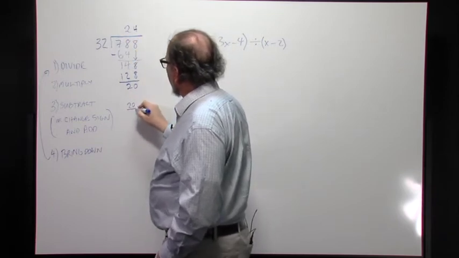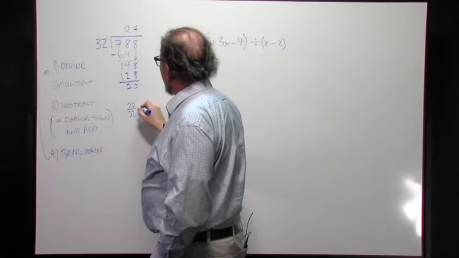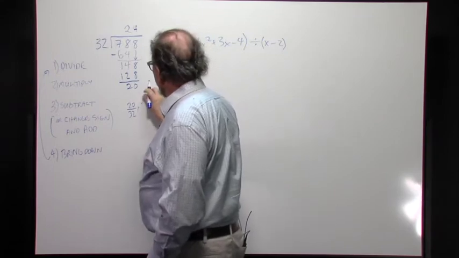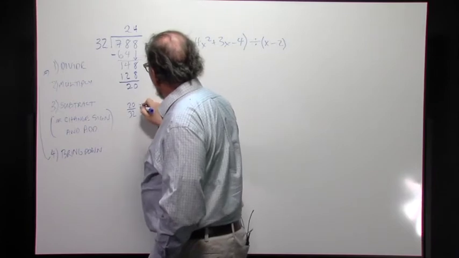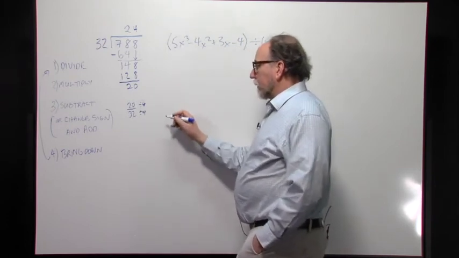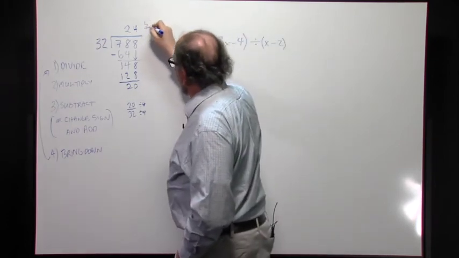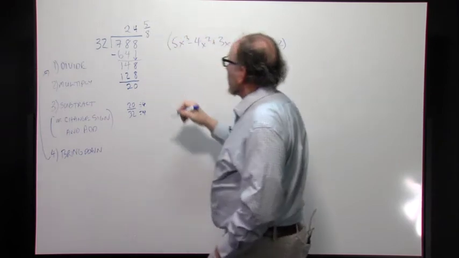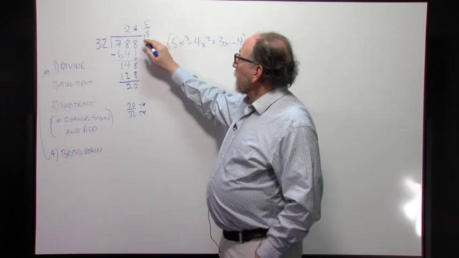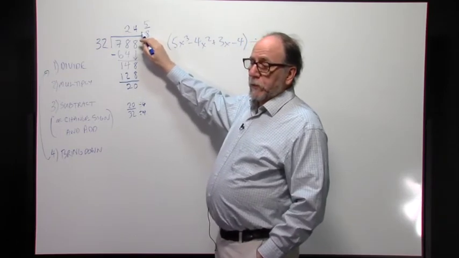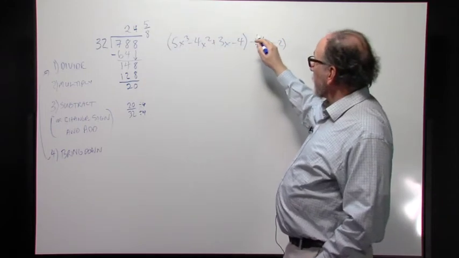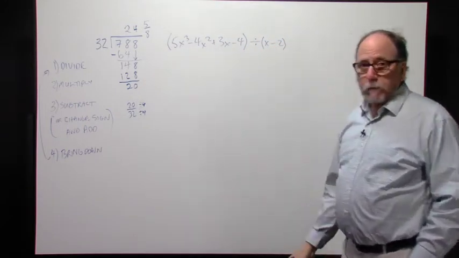Let's write that down here because we can reduce it. 20 and 32 both divide by 4, like that. And 20 divided by 4 is 5. 32 divided by 4 is 8. So the answer to that is 24 and 5/8, writing the remainder. When we write mixed numbers, there's an assumed plus sign here, even though you don't write it. And we will have to have a plus or minus sign over here, depending on what the sign of the remainder is.